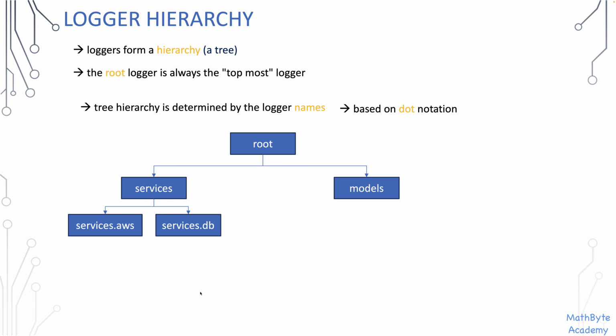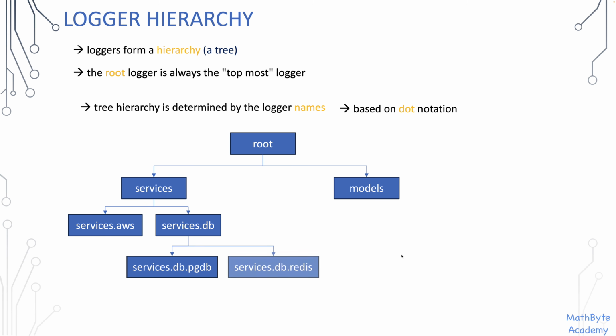If I create another logger with the name services.db, that is going to be a child of services. I can go further and create one called services.db.pgdb. This one is going to be under services.db, which is under services, which is under root. So that's what I mean by forming this tree hierarchy.